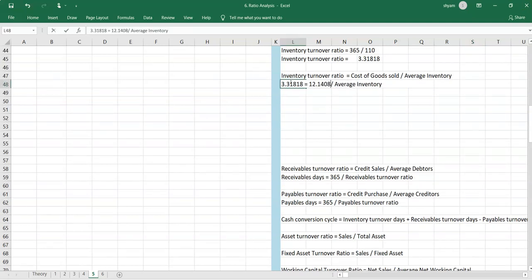So that is our cost of goods sold divided by average inventory. Now the average inventory will go to the other side, and this number will become a dividing number.